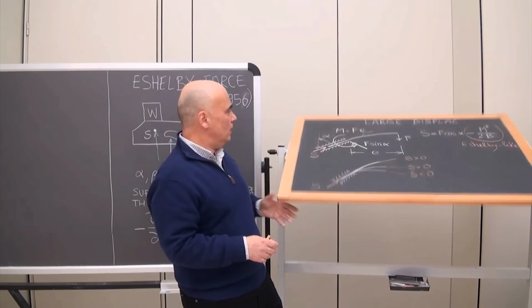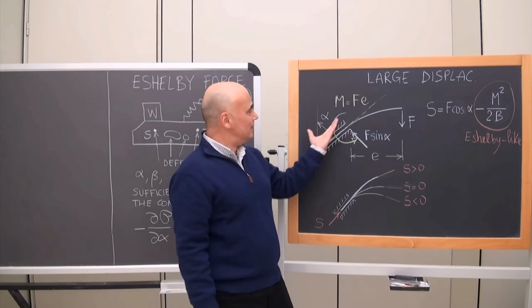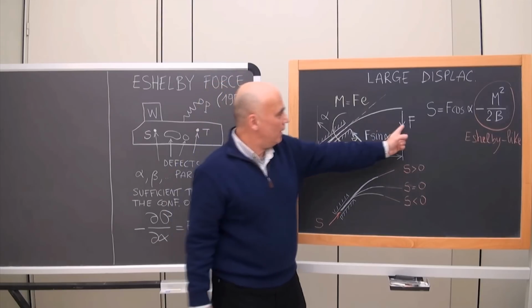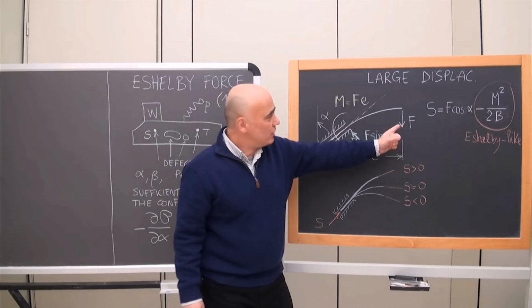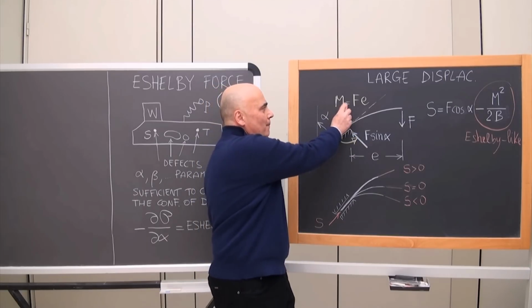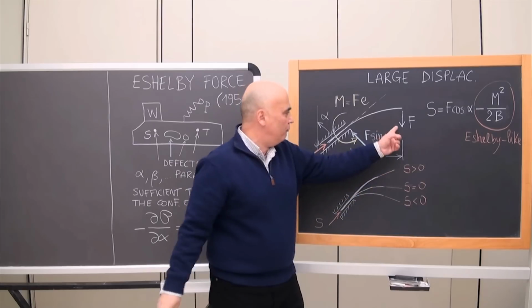And in particular, you may see here now the sliding sleeve inclined at an angle alpha with respect to the vertical, and now you see we are hanging a dead force F here, and the bending moment is M equal F times E, where E is the arm of the force.